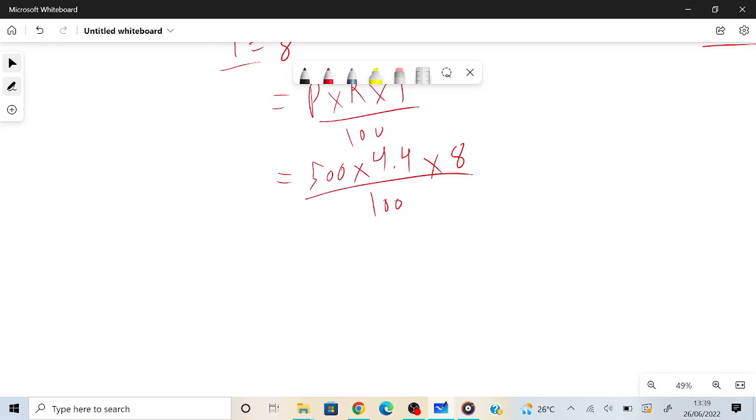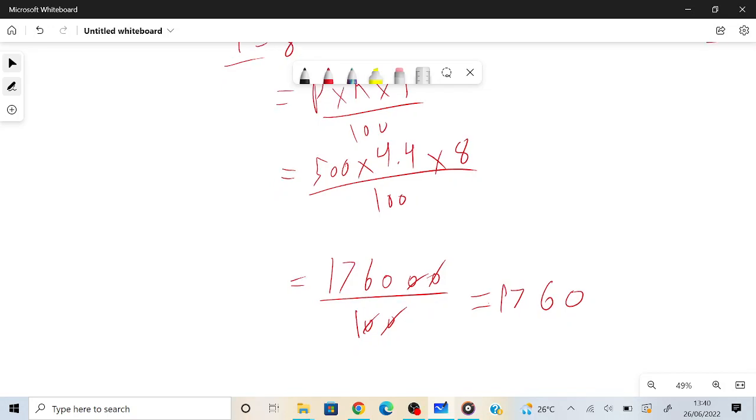And putting this in your calculator, 5,000 times 4.4 times 8 divided by 100, that should give you 176,000 over 100. And this cancels this, this cancels this. You will be left with 1760 pounds.